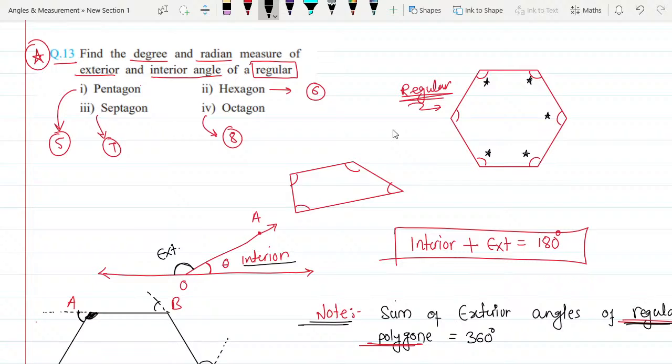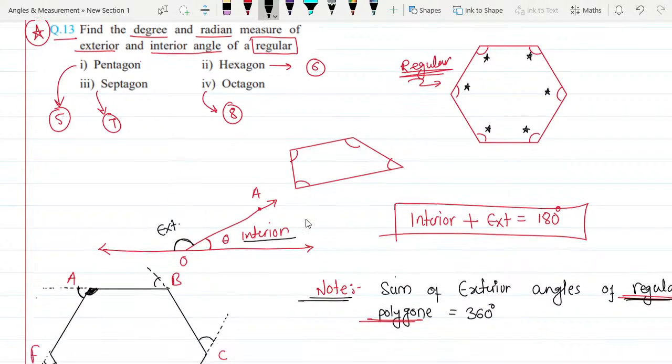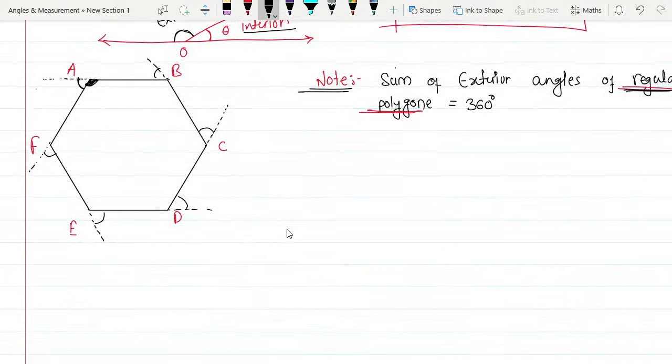If all interior angles are the same, what happens to their exterior angles? These exterior angles will also become the same. Yes or no? Good.